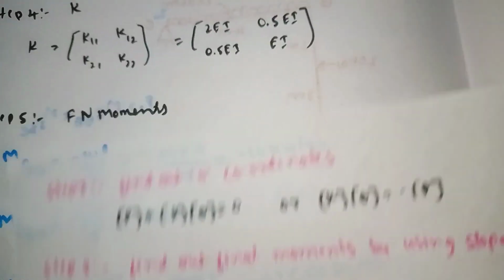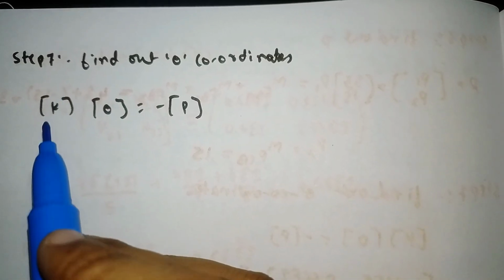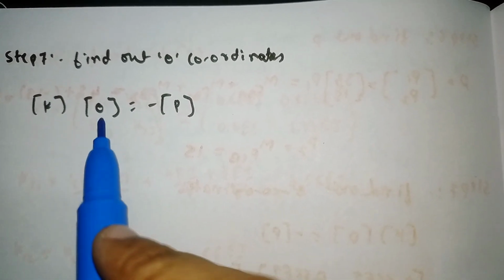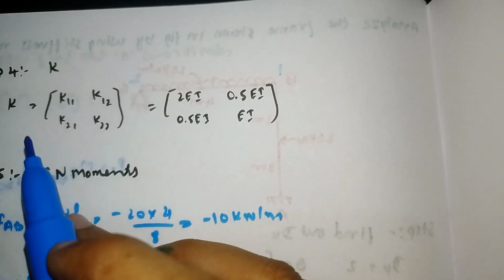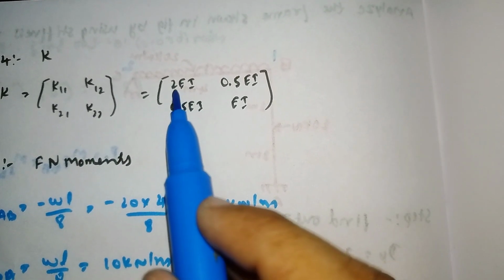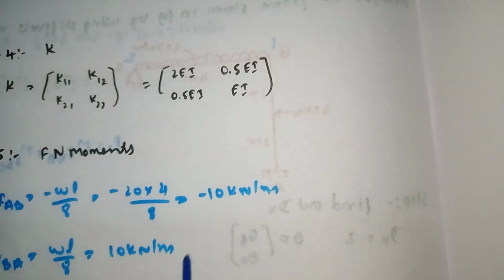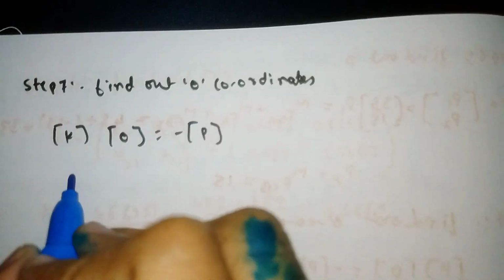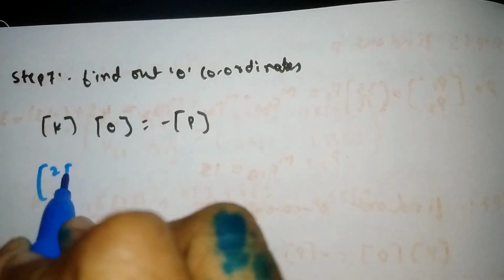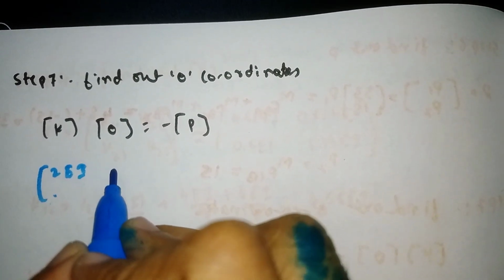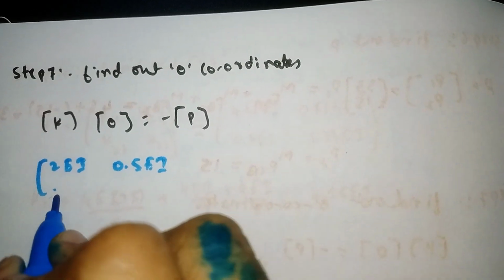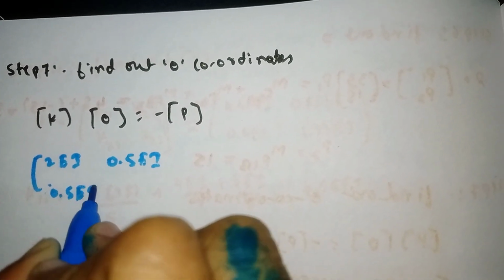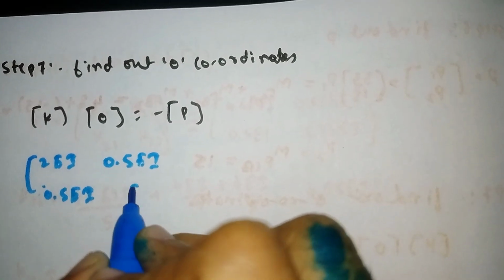Now substitute the K matrix and the P matrix. The K matrix value we got was 2EI, 0.5 EI, 0.5 EI and EI.